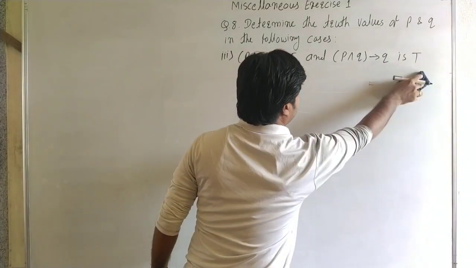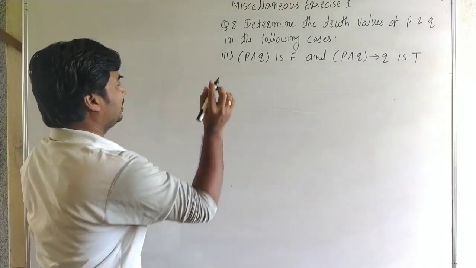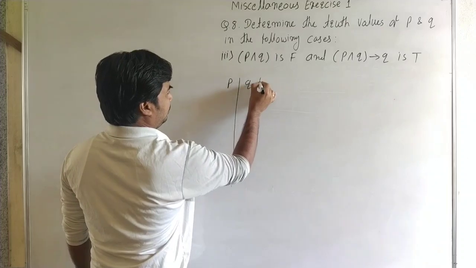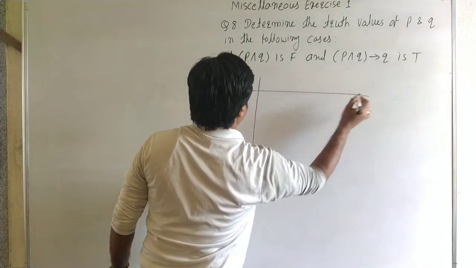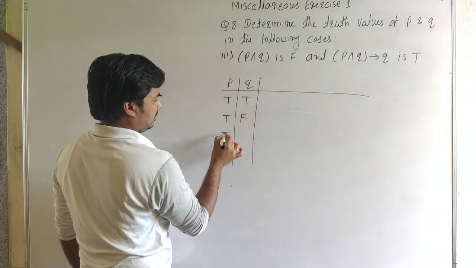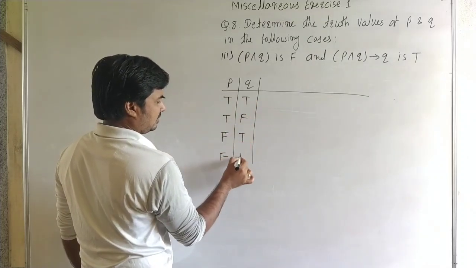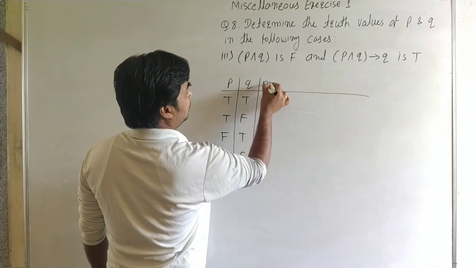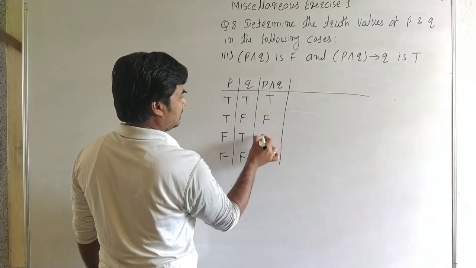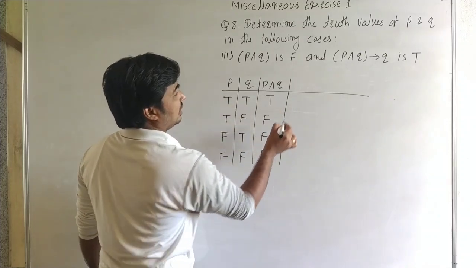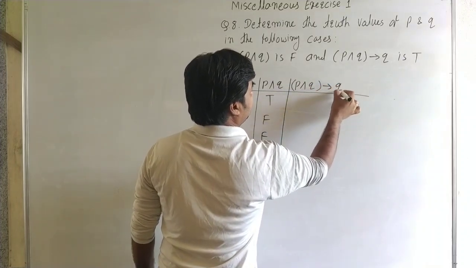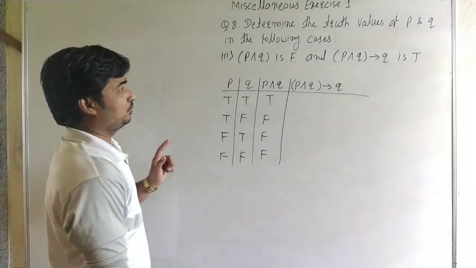So here we construct the truth tables. Here P, then Q: true, true; true, false; false, true; and false, false. P and Q: true, false, false, and false. Now P and Q implies Q is true.